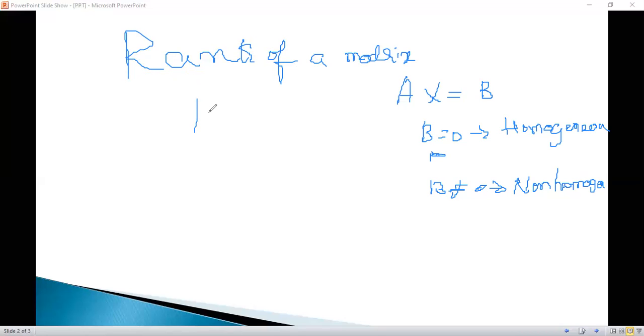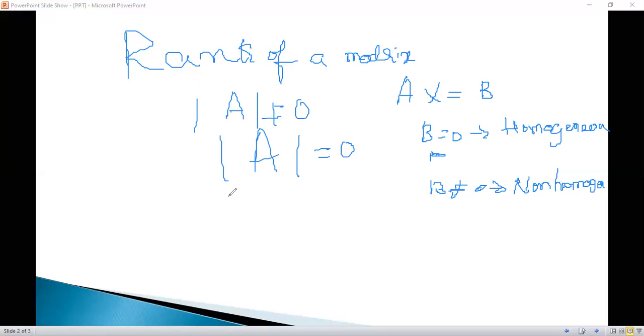The simple method for a homogeneous system of linear equations is: if the determinant of A is not equal to 0, then it will have a unique solution. If the determinant of A equals 0, then it will have infinite solutions.